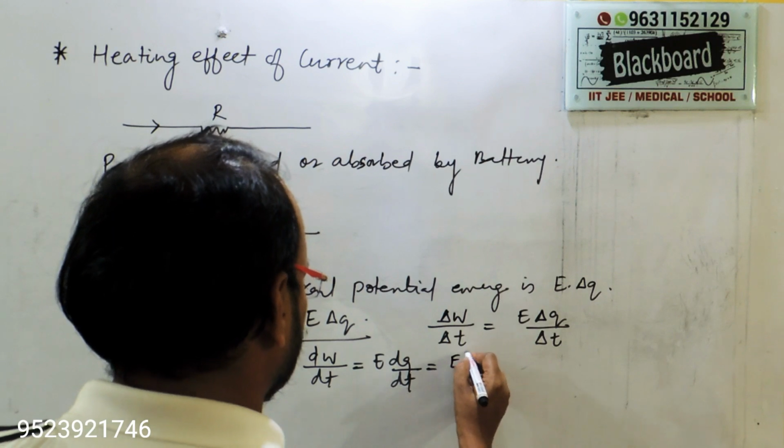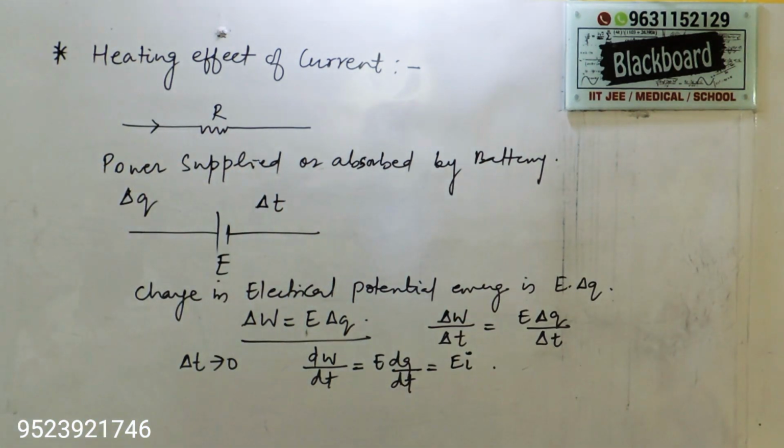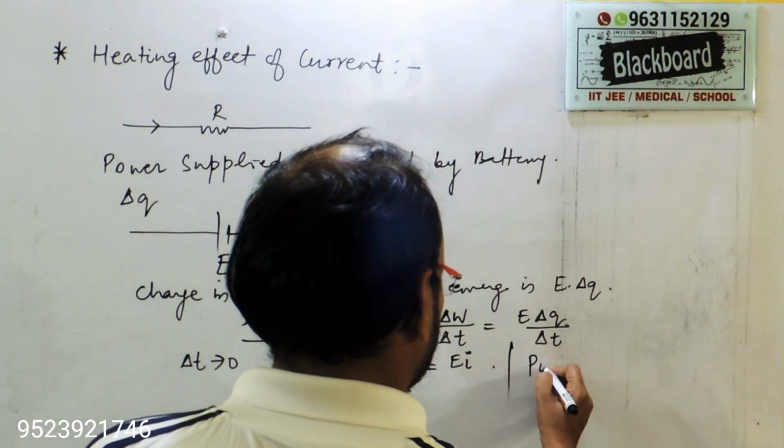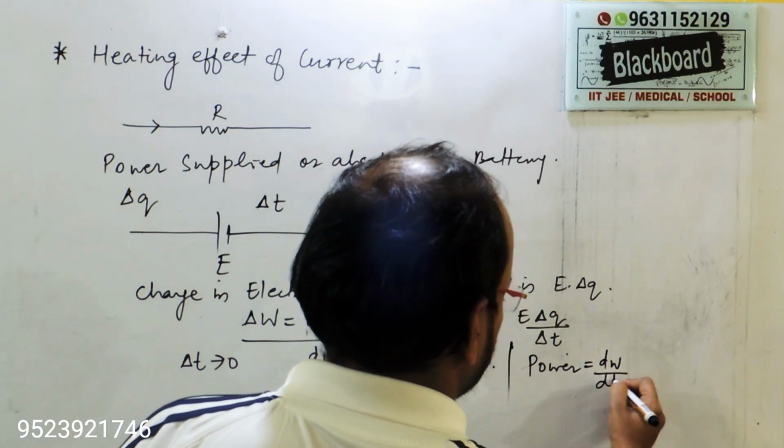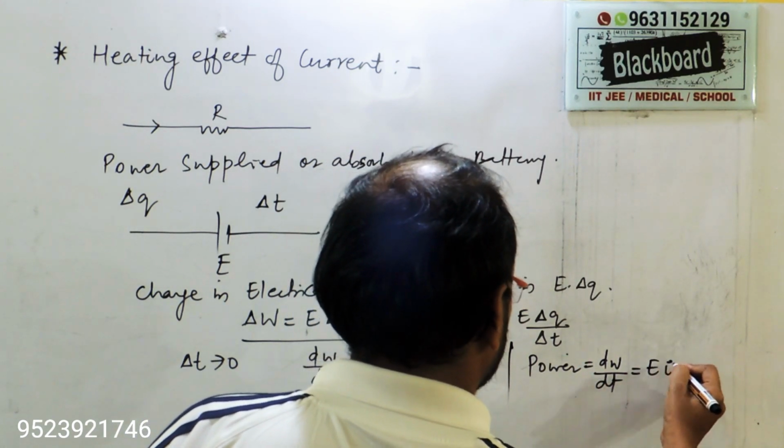That means this is equal to EI, potential into current, and dW/dt is power. That means you can write power P is equal to dW/dt is equal to EI.